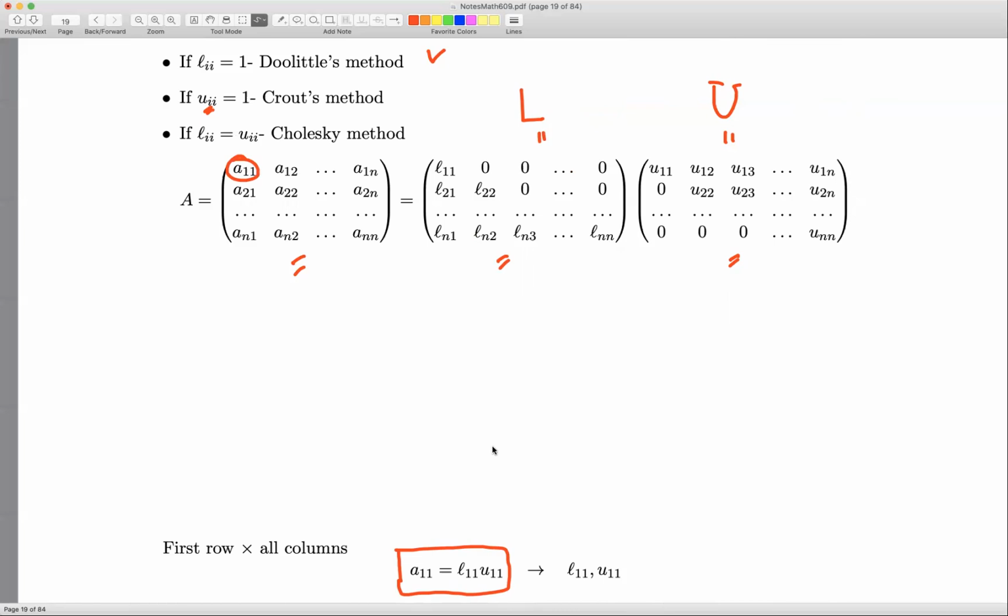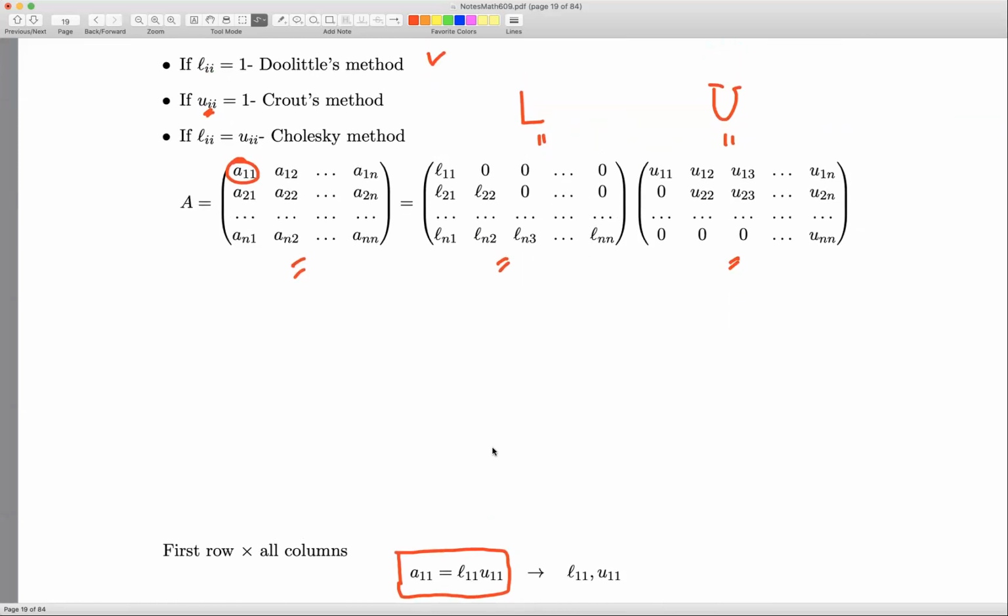Then we multiply the first row with all the columns. Because of all these zeros, when we multiply this row by all the columns, the elements from row 2 and below become irrelevant, because the zeros annihilate these elements.